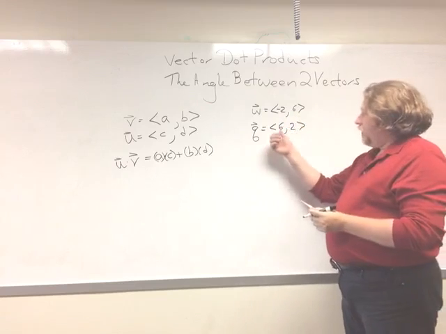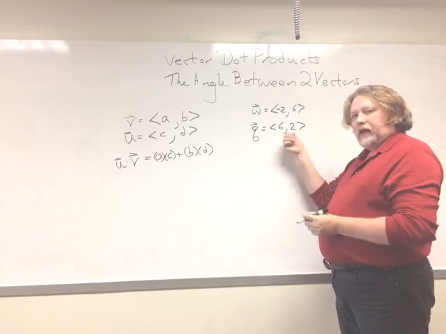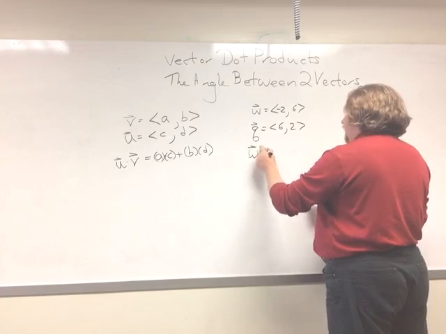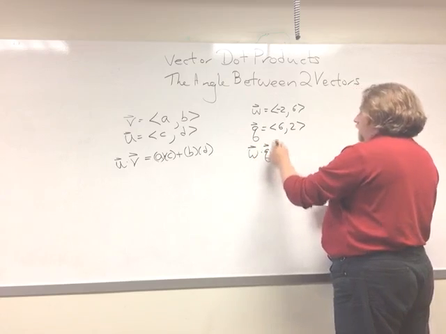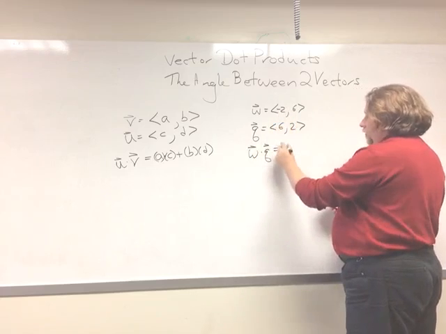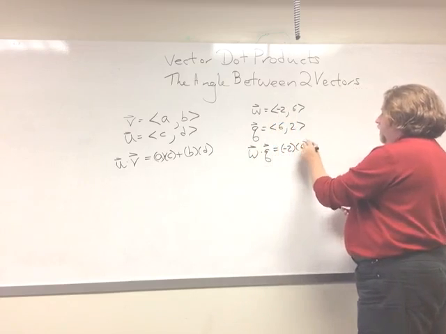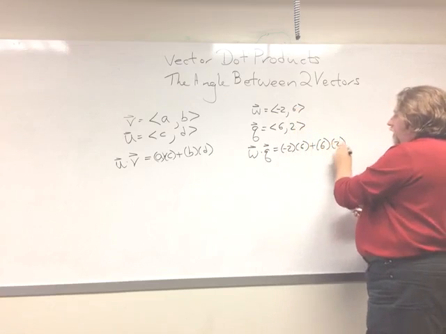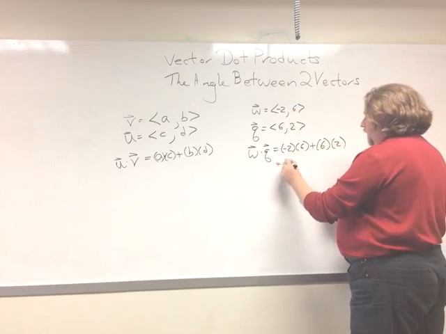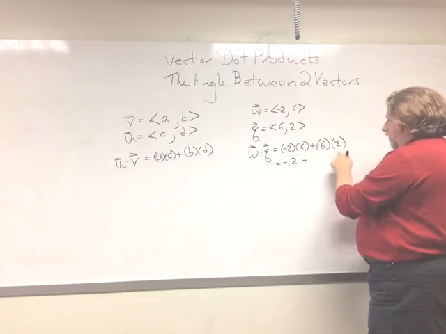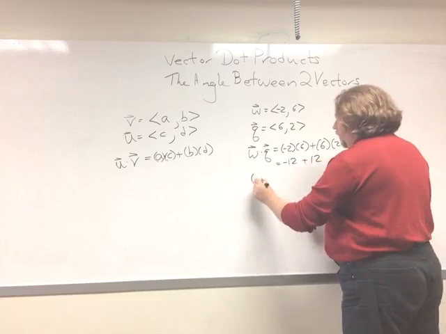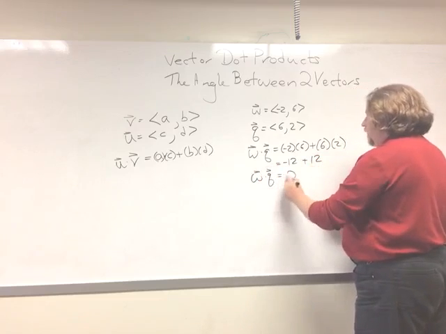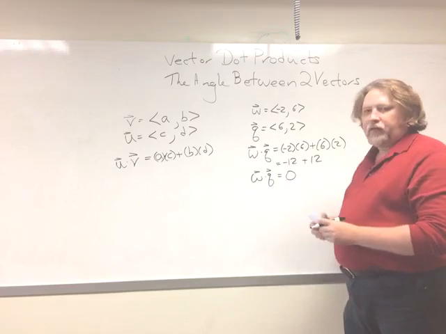So vector q is going 6 to the right and 2 up. If I want to find w dot q, again I take x component times x component, so -2 times 6, plus y component times y component, 6 times 2. -2 times 6 gives me -12, plus 6 times 2 gives me 12. So w dot q, -12 plus 12, is 0. The dot product is 0.